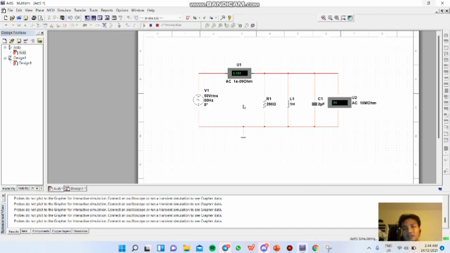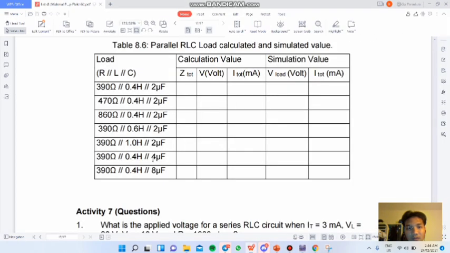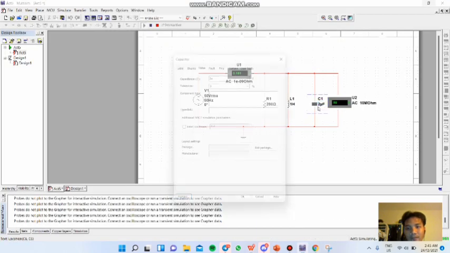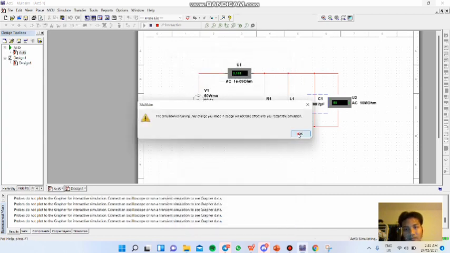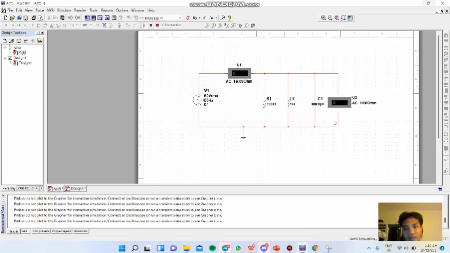Let's run the simulation. We have 181 milliamp and 50 volt for the voltage reading. For example, we change the capacitor value to 8 microfarad. We start the simulation. You can see the voltage value remains the same and the current value decreases. That's all from me. Thank you.